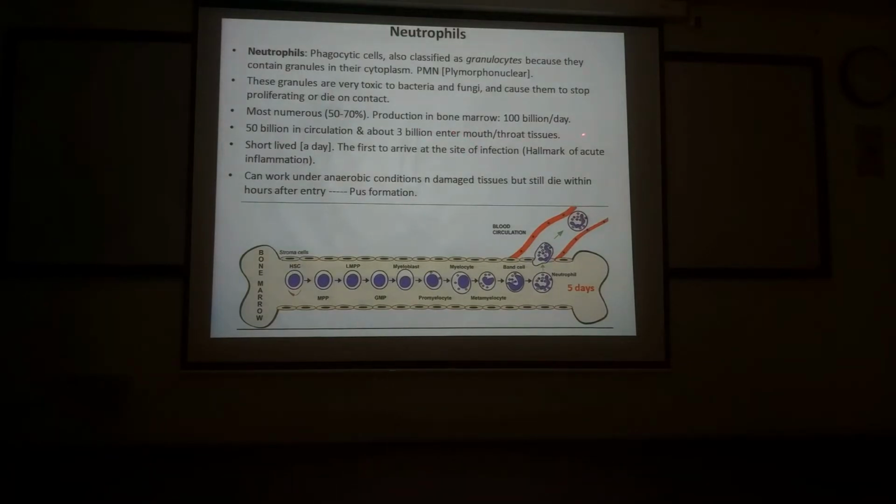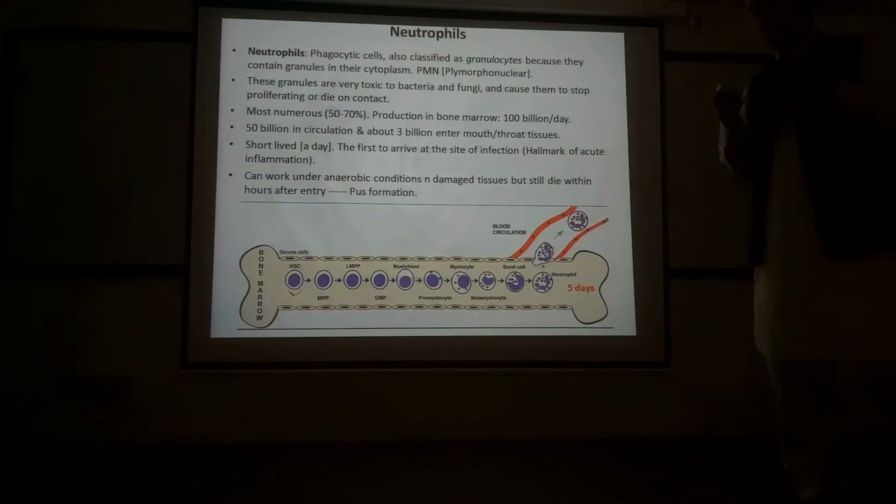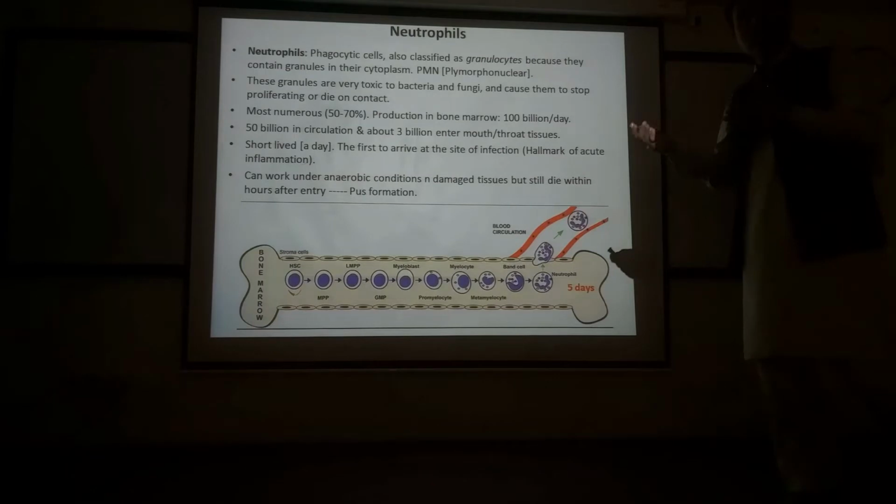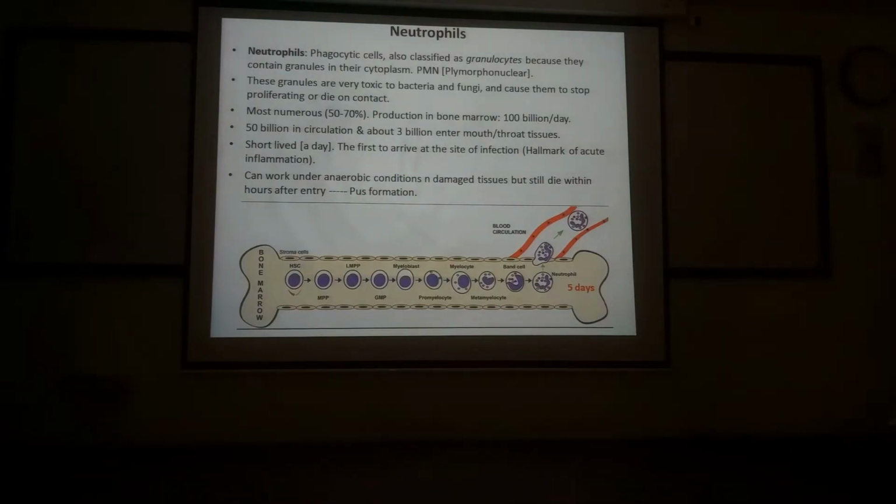In terms of their function, neutralizing or killing the microbes and taking these microbes out of the system, they are more important as compared to all other phagocytic cells, because they are most numerous. They are taking out more particulate materials as compared to the macrophages from the system. That's why they are very important.